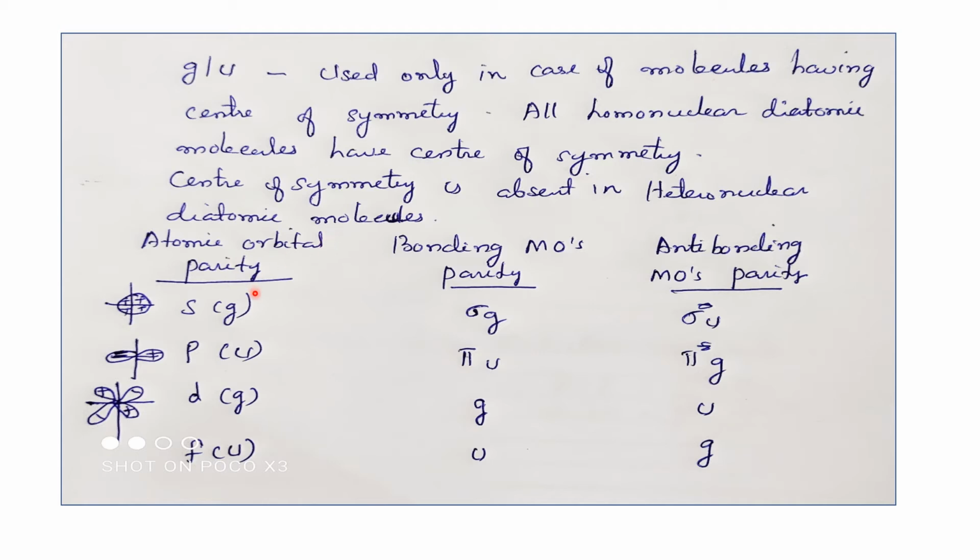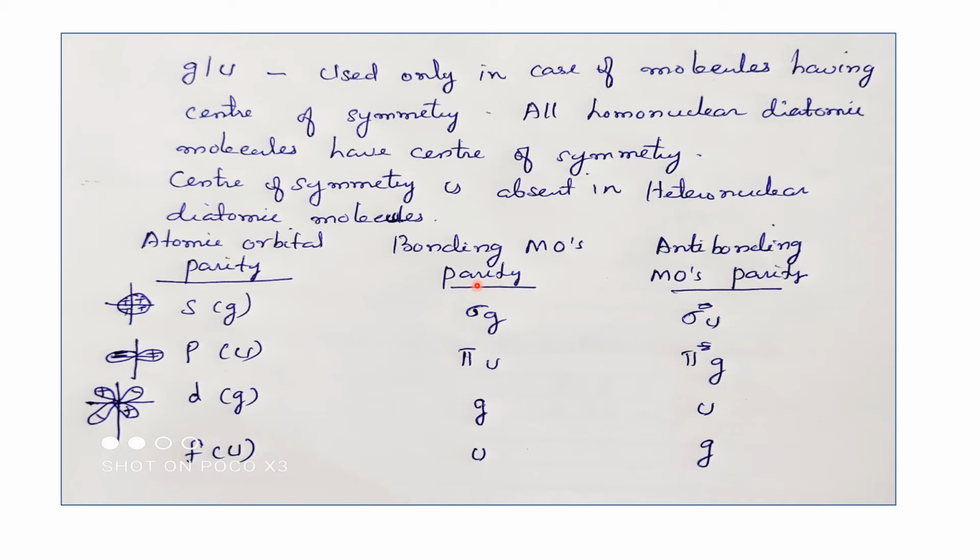Atomic orbital parity, bonding molecular orbital parity and anti-bonding molecular orbital parity. Consider the case of the s orbital. The shape of the s orbital is like this. If on moving from this point to this point in the clockwise direction, the sign of the wave function doesn't change, it represents a gerade.